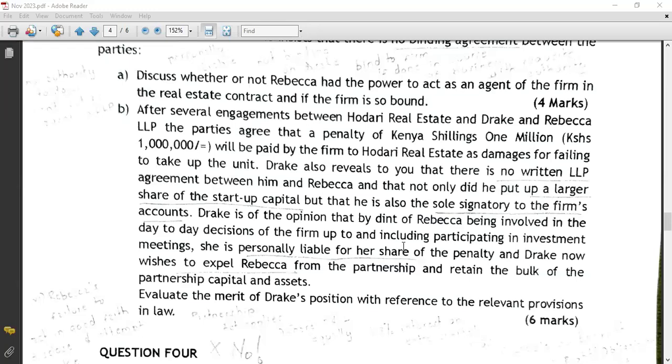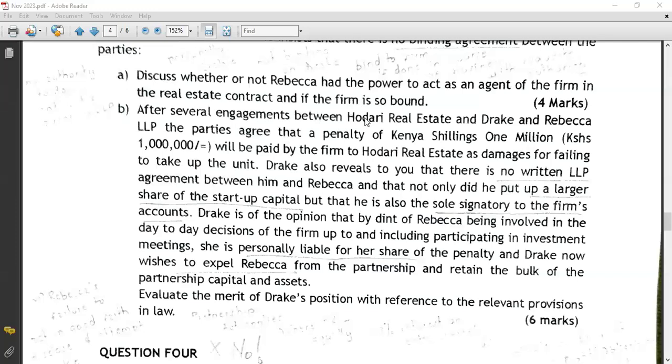So a partner ceases to be a partner by complying with the requirements of the relevant agreement, and in the absence of such an agreement, by giving not less than 90 days notice to the other partners of the intention of the partner to resign. A partner also ceases to be a partner on death or dissolution of the partnership.